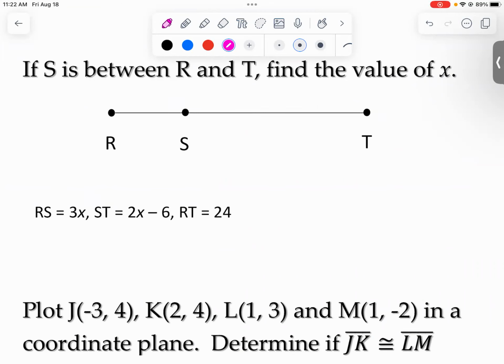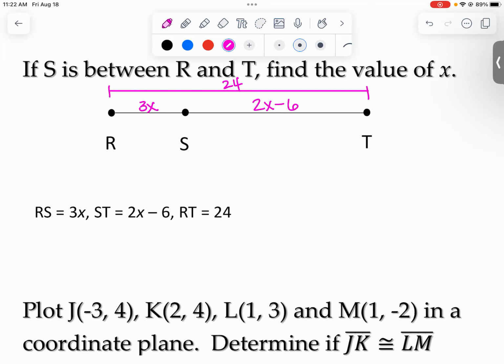Please label RS as 3x. Please label ST as 2x minus 6. And then please label RT, the whole segment, as 24. Okay.